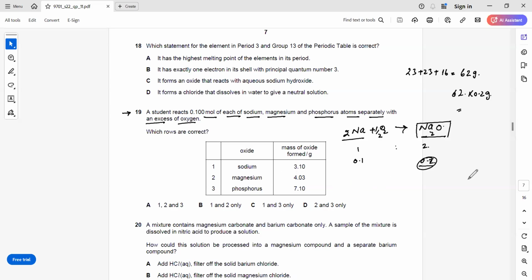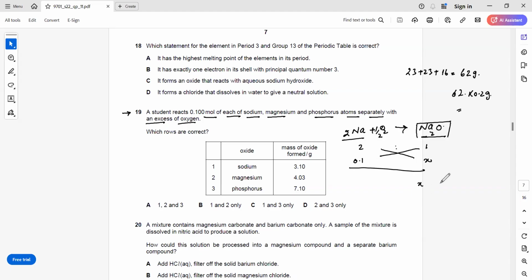Okay, so actually, wait, we are taking the ratio 1:2, so that should be the opposite. So 2:1. So if we have 0.1 mole of sodium, how many moles of Na2O will be produced?